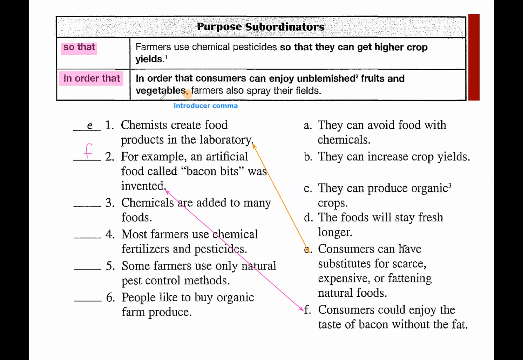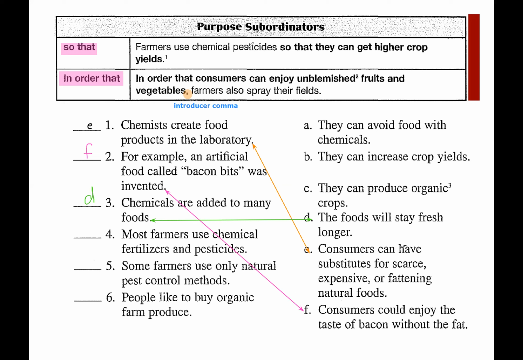What about number three? Number three says chemicals are added to many foods. Why are they added to many foods? One of the purposes could be that the foods will stay fresh longer. So of course we can say chemicals are added in order that the foods will stay fresh longer.